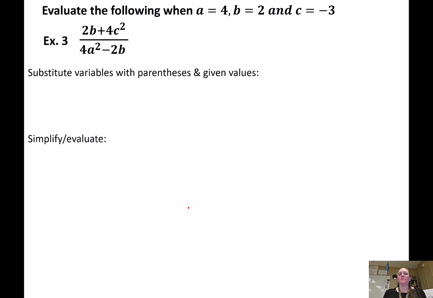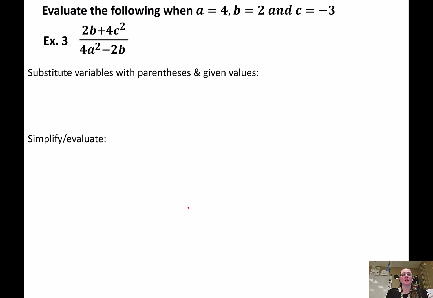All right, looking at example 3 and 4, we're given evaluate the following when a is equal to 4, b is equal to 2, and c is equal to negative 3. So for example 3 and example 4, we're going to be using the same set of numbers. So I've got 2 times b plus 4c squared over 4a squared minus 2b.